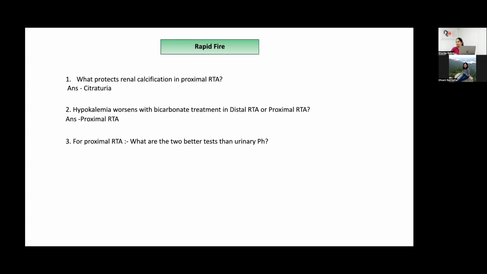To diagnose proximal RTA, which test would you prefer? Fractional excretion of bicarbonate, only after the correction of acidosis, and the urine to blood CO2 difference of more than 20.